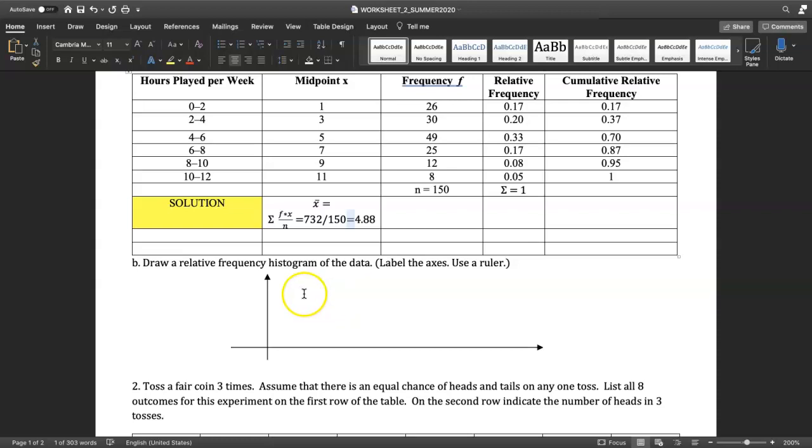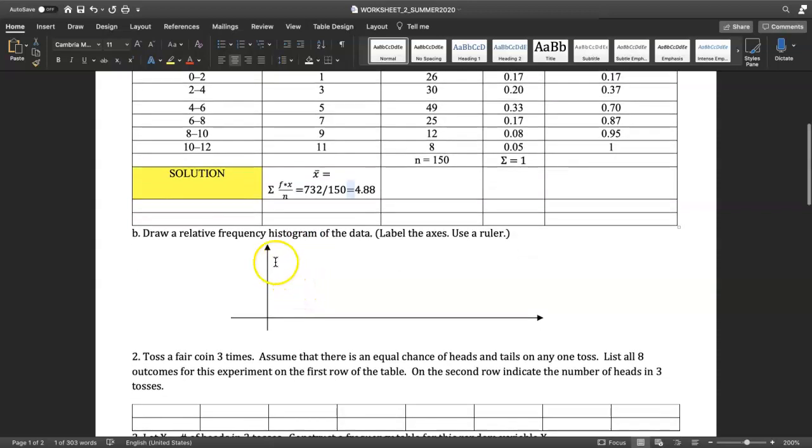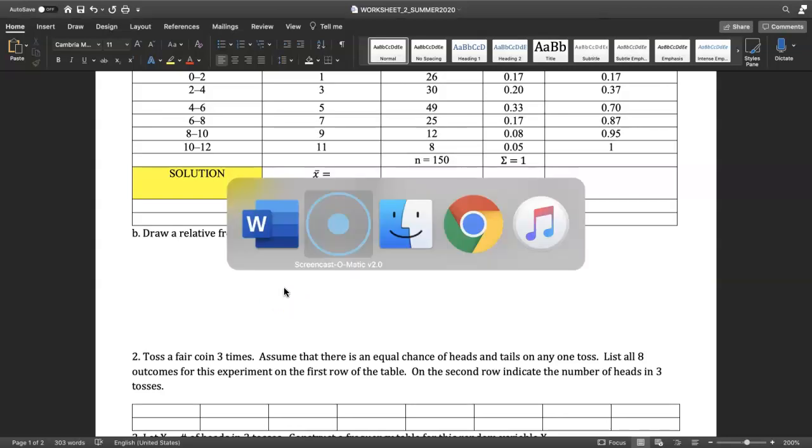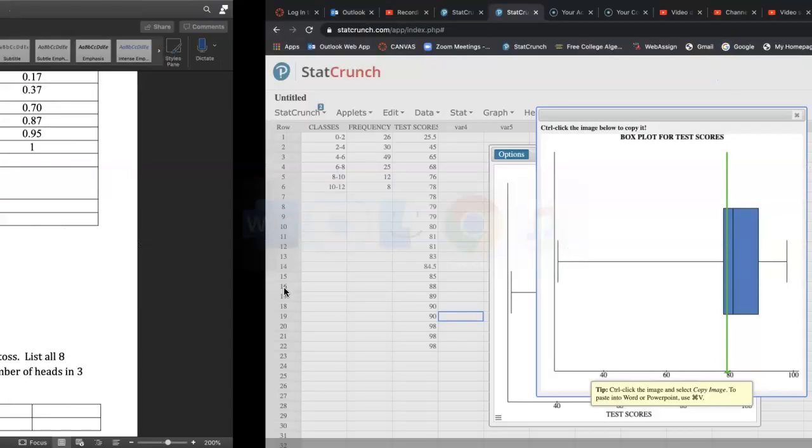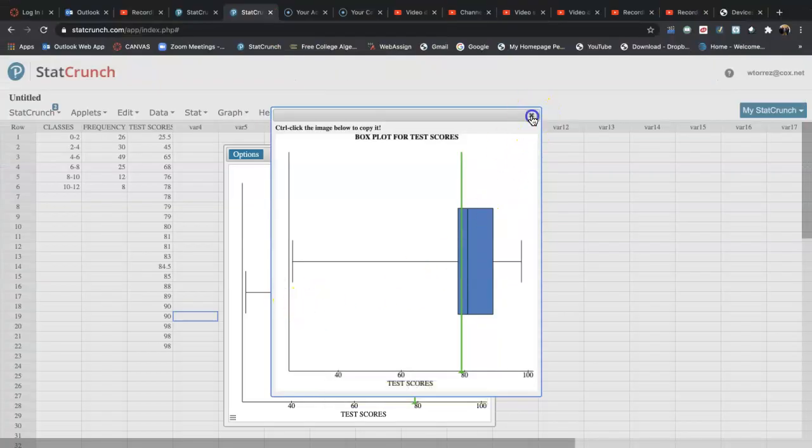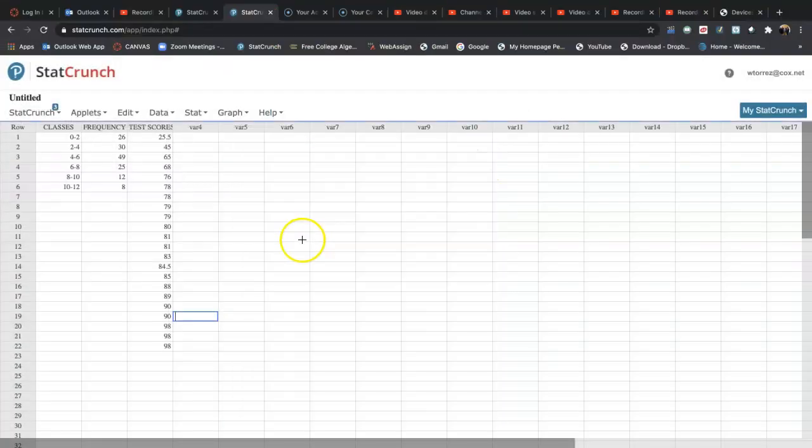All right, so I'm going to go back into StatCrunch and calculate the relative frequency histogram here. I don't need these axes anymore, so I'm going to delete them, and I'll use this space here for my new histogram computed in StatCrunch. So let's go back to StatCrunch now. And here, let me hide these results.